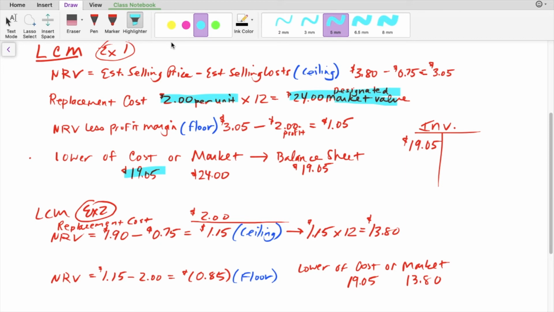And so when we go to do our analysis, what are we going to use? What is going to end up on our balance sheet? Well, we're going to have to write down our inventory to the new value. So $13.80 is going to go on the balance sheet.